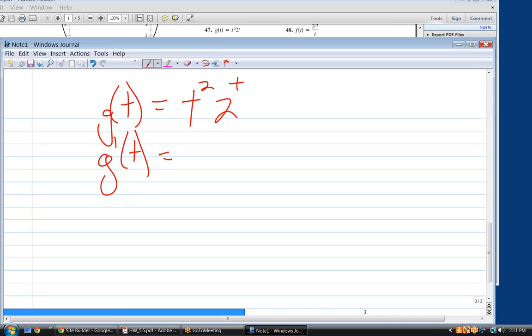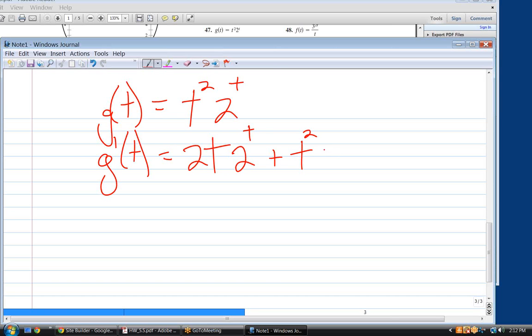Taking the derivative of t squared. Okay, 2t. So the first one turns into, so we have to do the product rule first, right? Correct. So we get 2t times 2 to the t, plus t squared times the derivative of 2 to the t.